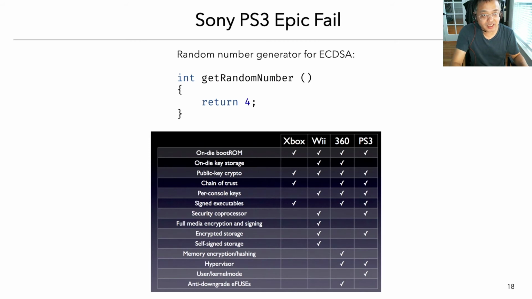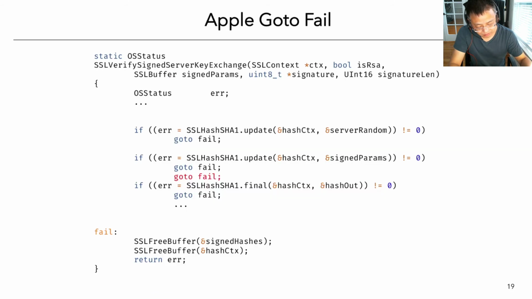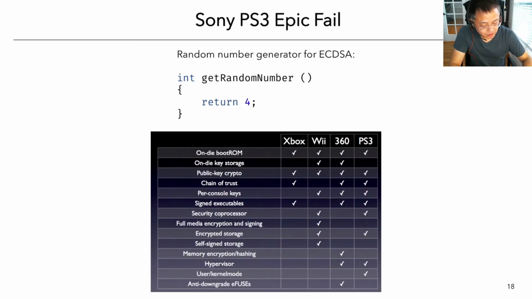Okay, so this is another example, Sony PS3 Epic Fail. Game consoles, right? The security of a gaming console is actually a very hard problem. If you think about it, your gaming console sits in your customer's home.